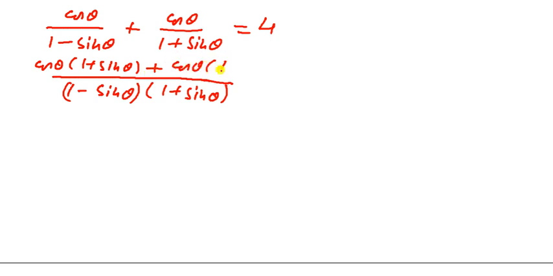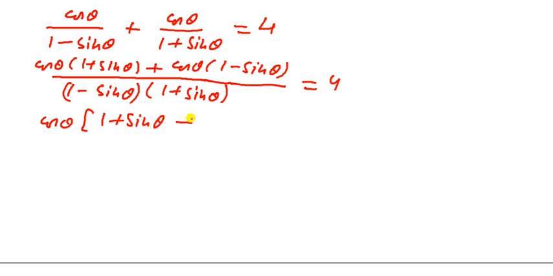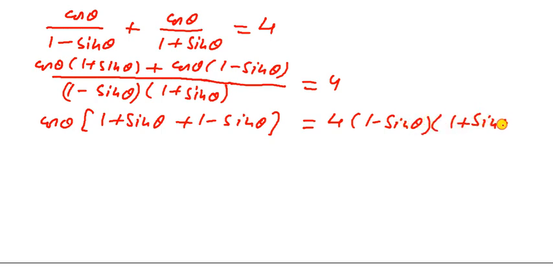Here is cos theta into 1 plus sin theta, and plus once again cos theta into 1 minus sin theta, equal to 4. Now taking cos theta as common, we get 1 plus sin theta plus 1 minus sin theta, and the denominator multiplied to the right hand side, so we get 4 into 1 minus sin theta and 1 plus sin theta.